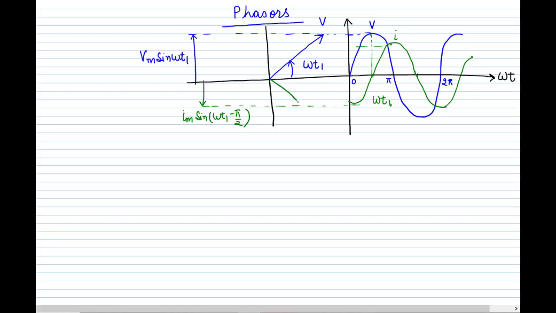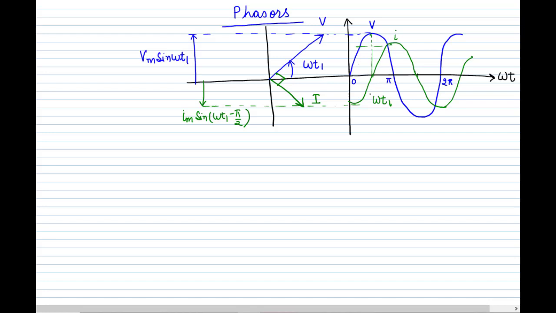So make a 90 degree angle. This is I. Whenever you are drawing the rotating vectors, write capital V and capital I. And this is a 90 degree angle between these two. So V and I are at an angle of 90 degrees and I is lagging behind V by 90 degrees. So that is what a phasor diagram is.